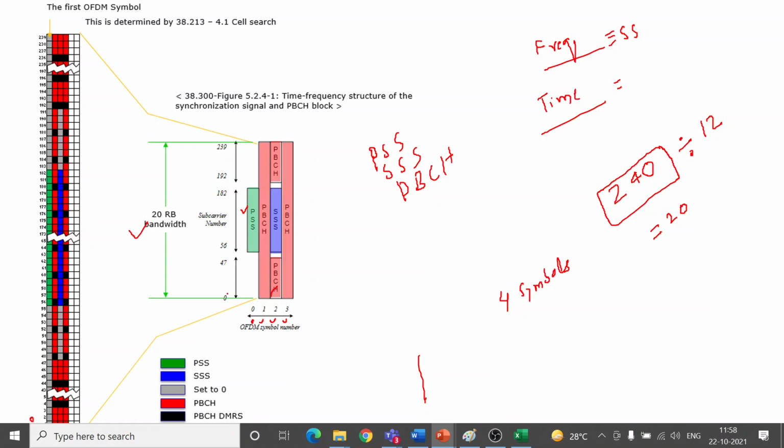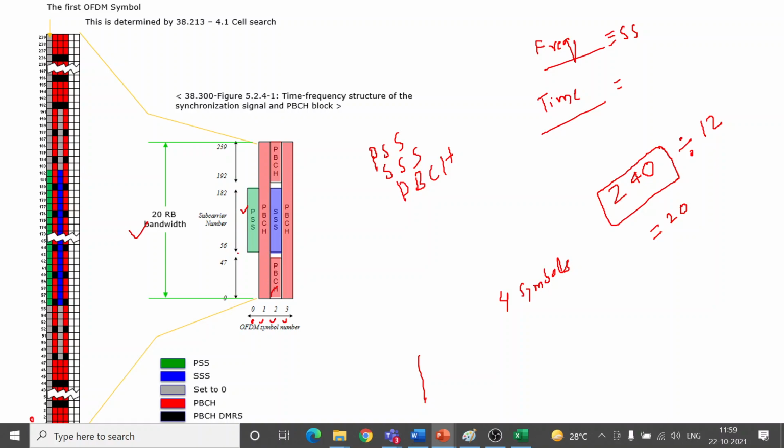If you start from subcarrier 0 and go up to 240, normally it will not start at 0. It can start at a particular number, at a particular raster. But for the purpose of showing you how wide it is, 240 subcarriers.